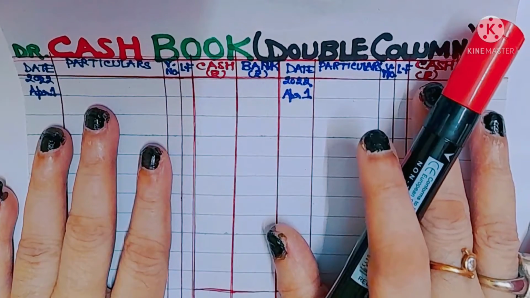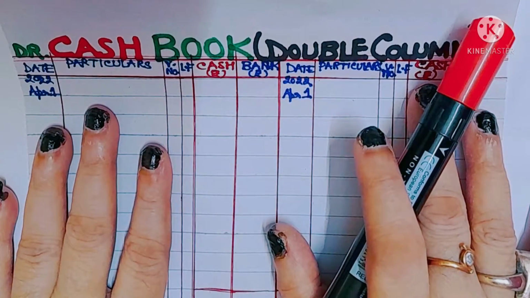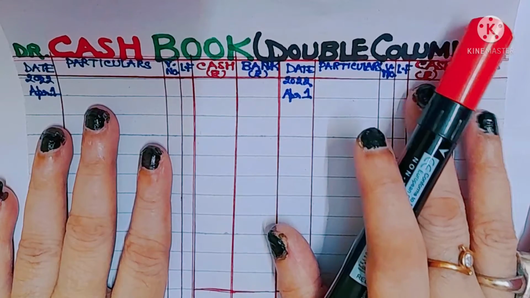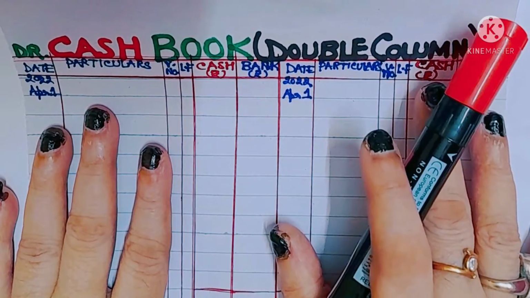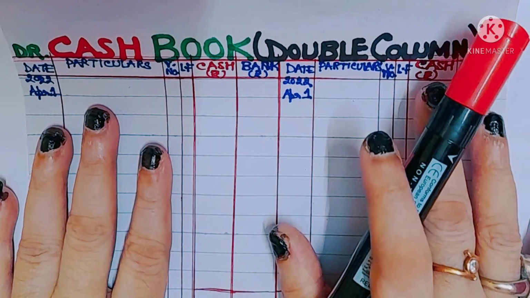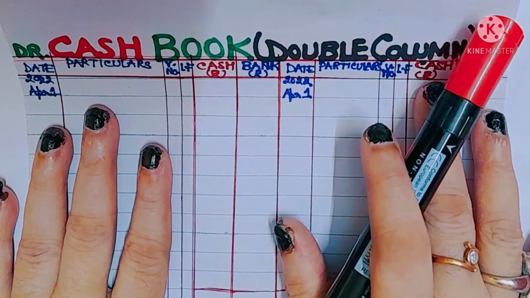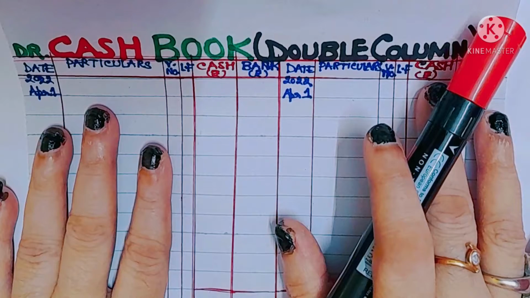Please remember, a cash book, be it a single column, a double column or a triple column, only records cash transactions. Cash book does not record credit transactions.